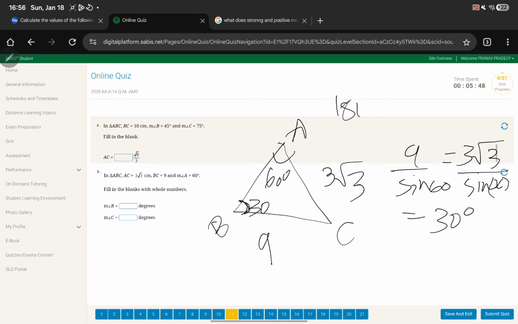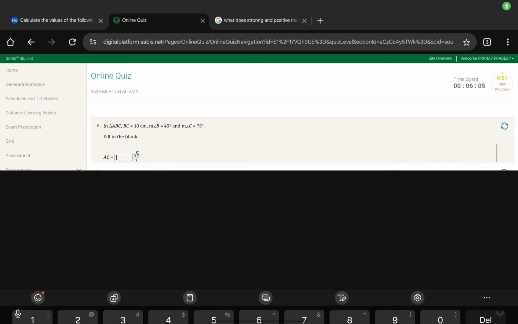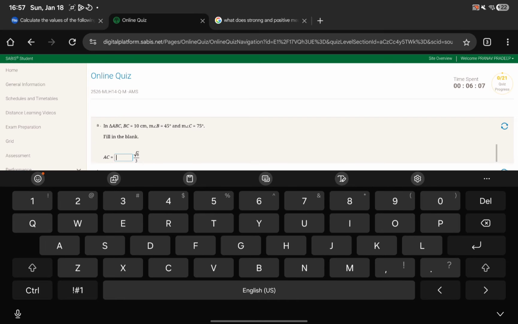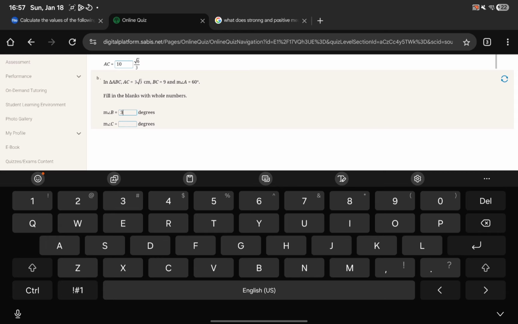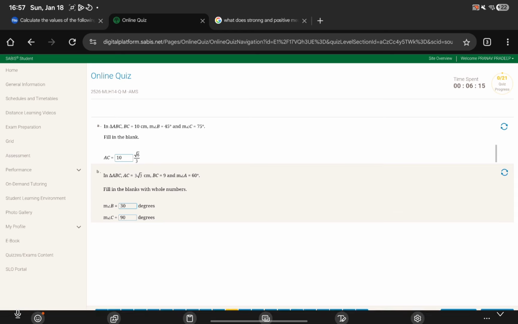So it's 180 minus 60 minus 30 equals 90. So the measure of angle C is 90. Alright, I'll put the value here: 10, 30, 90.